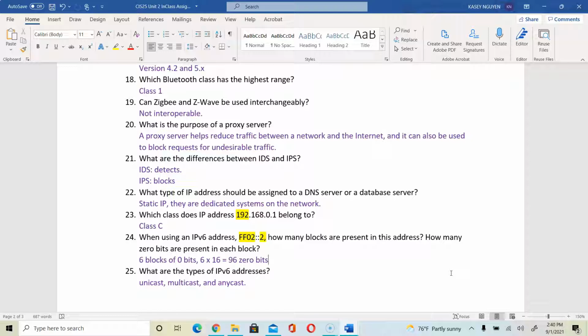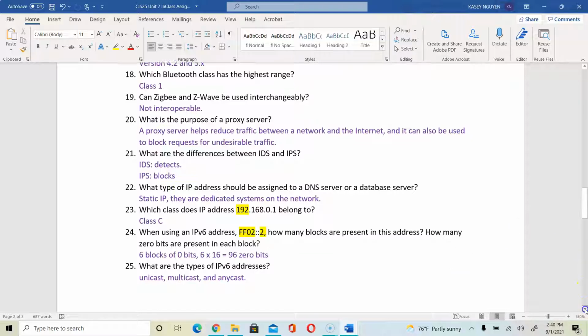So what are the types of IP version 6 addresses? There are 3 categories: unicast, multicast, and anycast. In those types, you would have a specific purpose for each type of address.